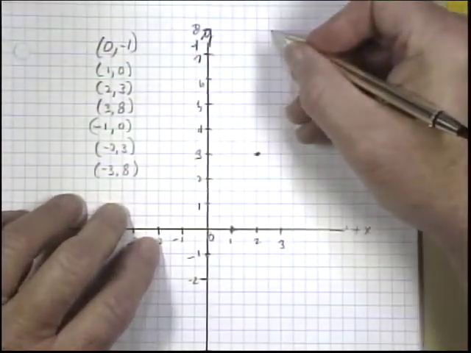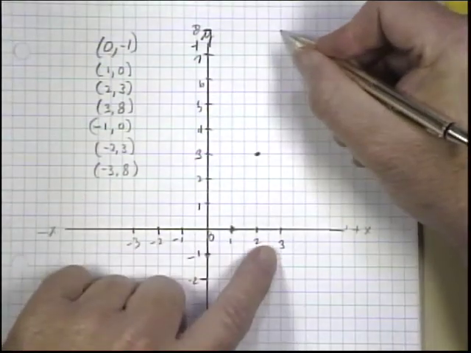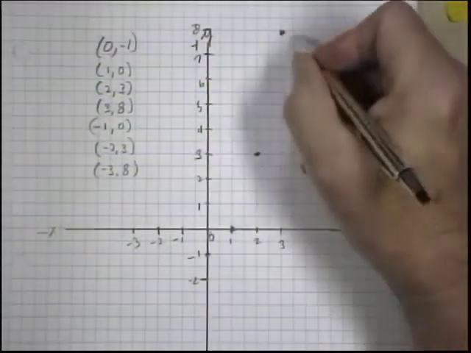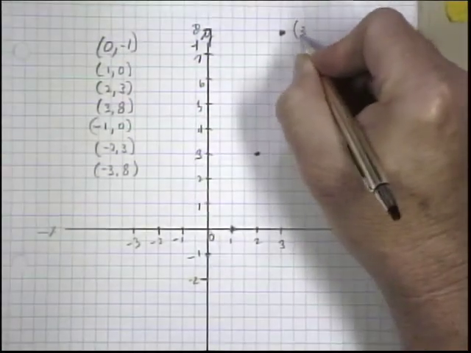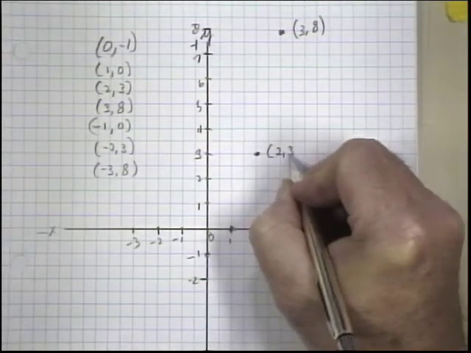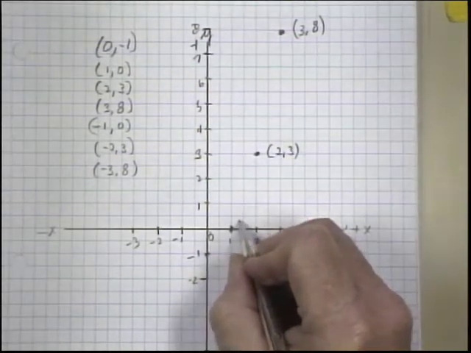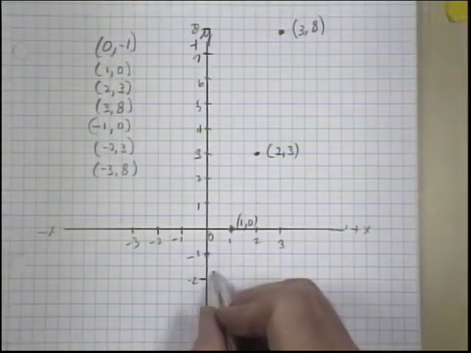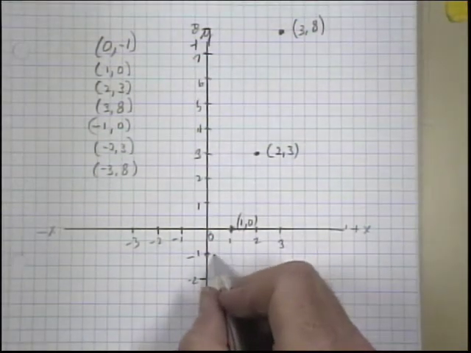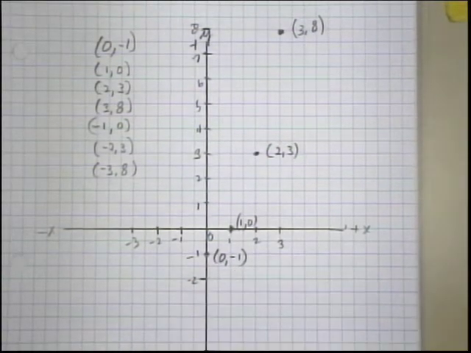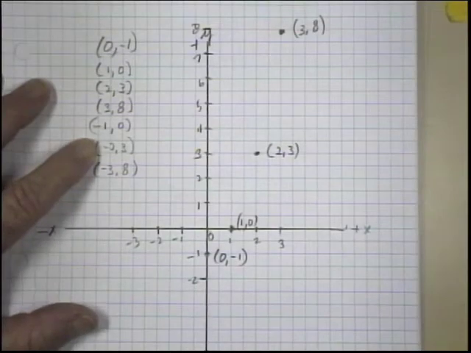So 3 and 8 would be right up here. This is 3 and 8. This is 2 and 3. And this is 1 and 0. This is 0, minus 1.